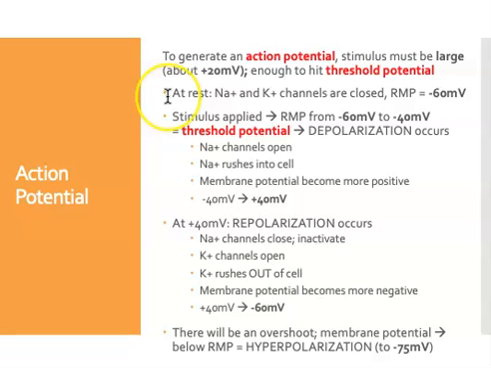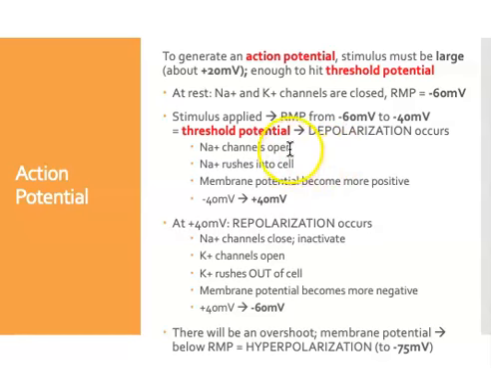At rest, we're at minus 60. Sodium channels are closed, potassium channels are closed. We stay at minus 60. When the stimulus gets applied, we go from resting membrane potential at minus 60 to the threshold potential of minus 40. At threshold potential, sodium channels open, depolarization occurs.